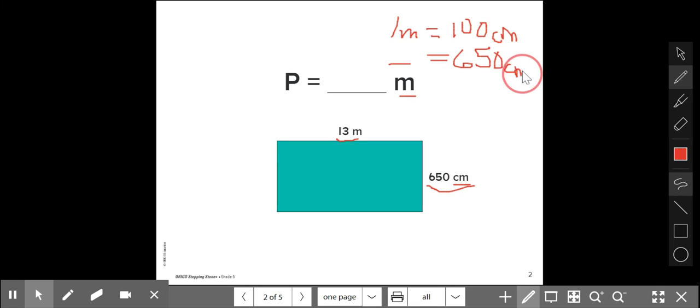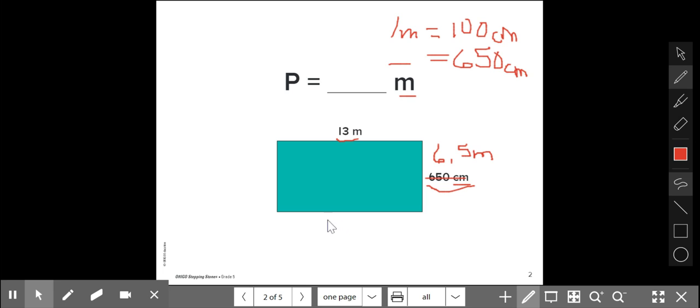The way that we would figure this out is we would divide 100 into this number. 100 goes into 650 six and five tenths times. If we're converting it over, we have to also change the way that it is labeled from centimeters to meters. So now we can add 13 meters plus 6.5 meters.